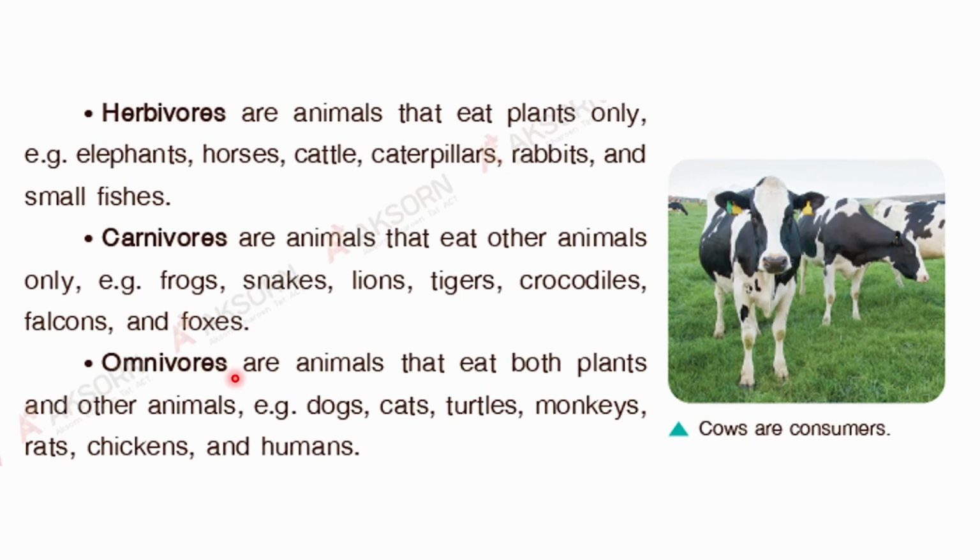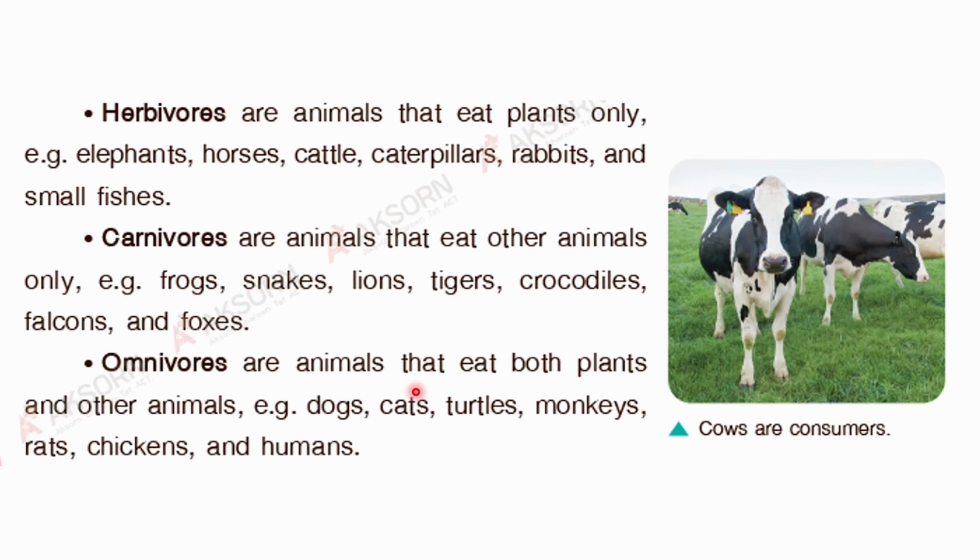Omnivores are animals that eat both plants and other animals. Example: dogs, cats, turtles, monkeys, rats, chickens, and humans. Okay.